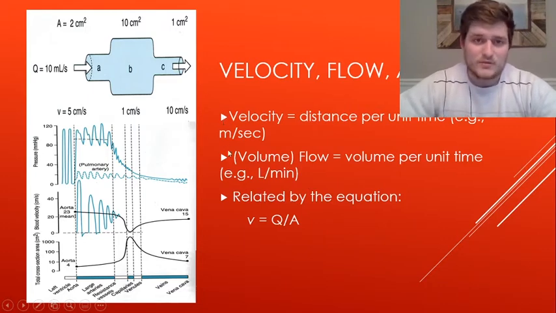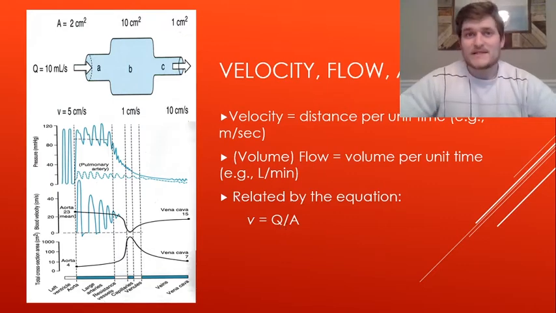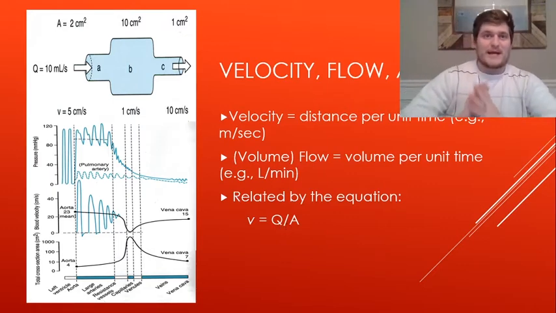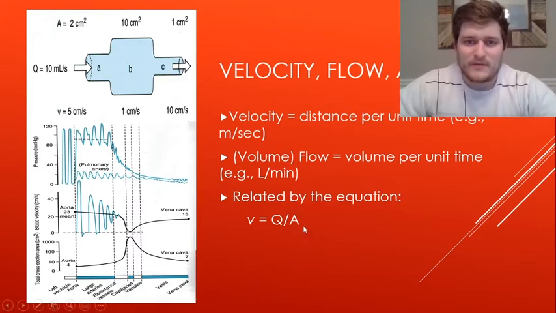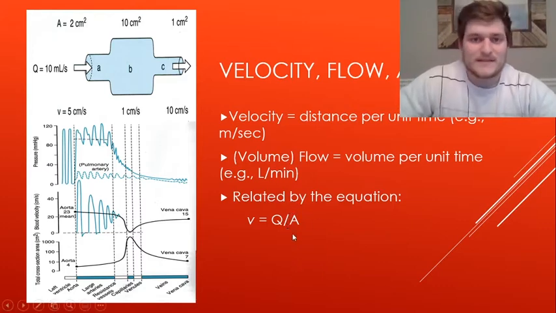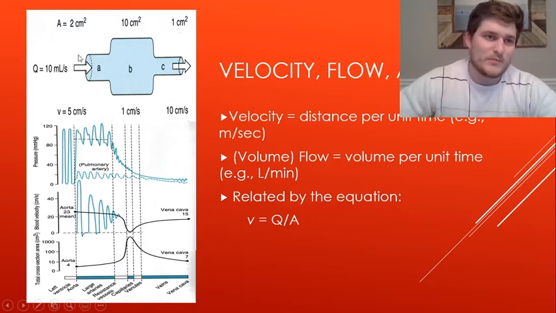Now, these two terms are related by the equation velocity equals blood flow over cross-sectional area. So velocity is not only going to be determined by how much blood is moving, but also the size of the container, or in our case, the vessel that it is moving through.